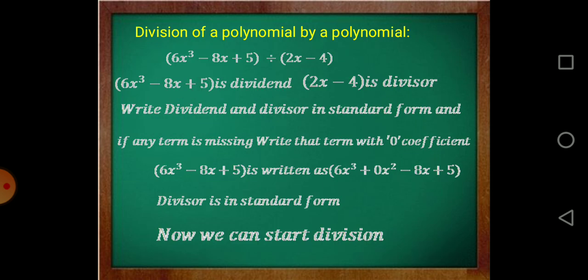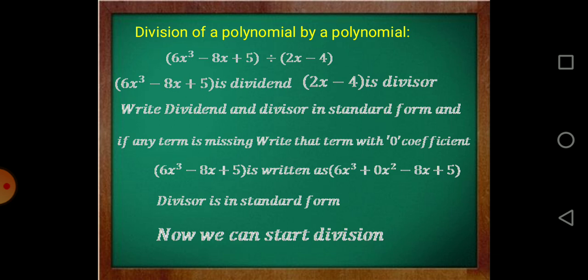Now let us see the division of a polynomial by a polynomial. To understand that, let us take an example: 6x cube minus 8x plus 5 divided by 2x minus 4. Here, 6x cube minus 8x plus 5 is the dividend and 2x minus 4 is the divisor.